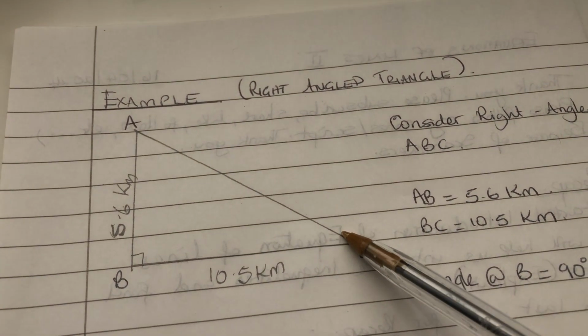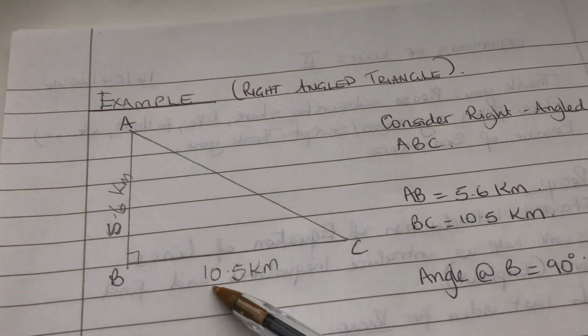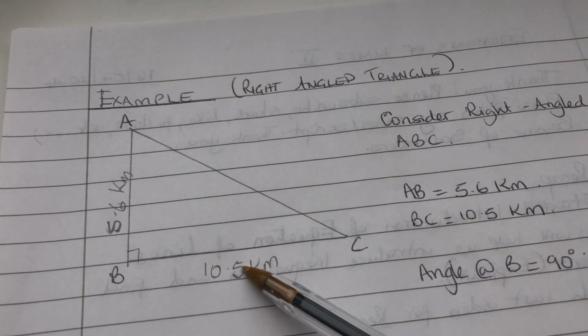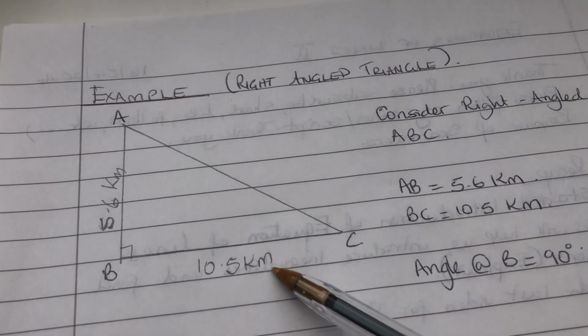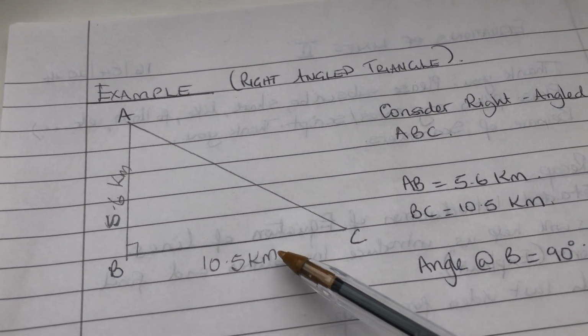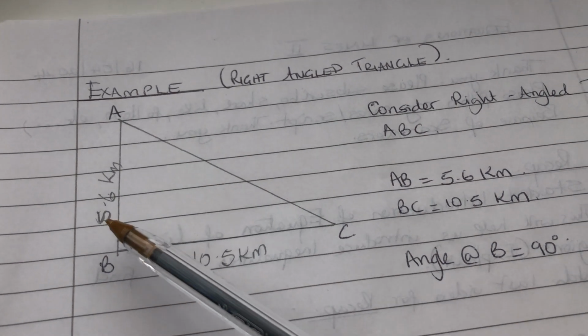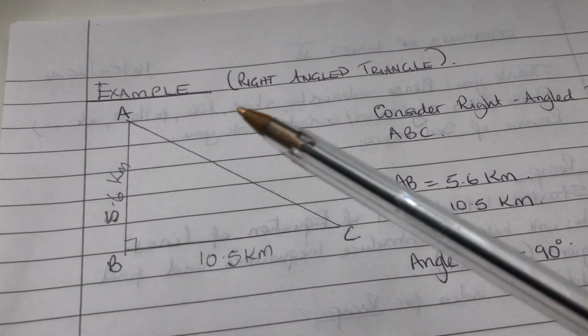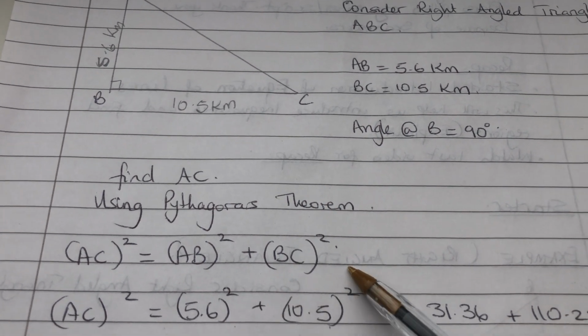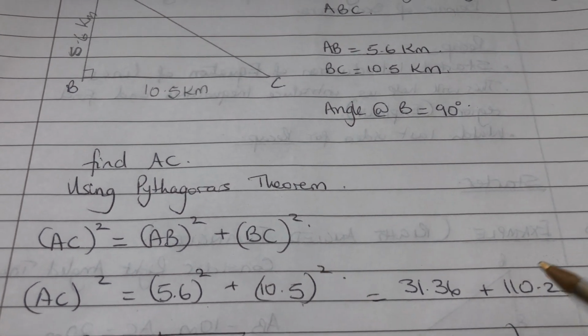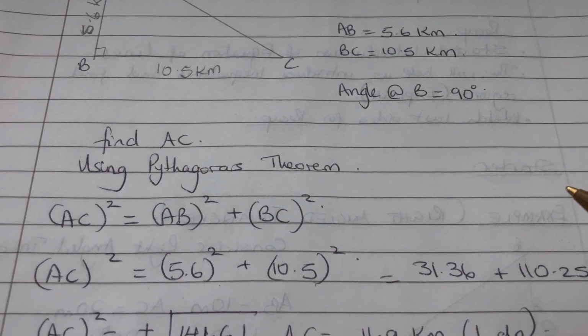So AC all squared will be equal to 10.5 all squared, in kilometers, so your answer will be in kilometers, plus 5.6 all squared. Okay, immediately you set that up, the rest is again calculation.